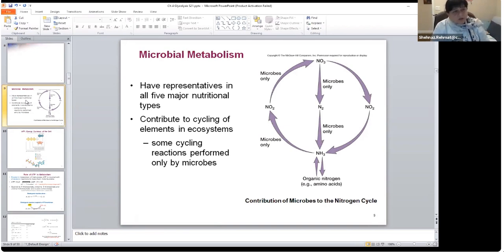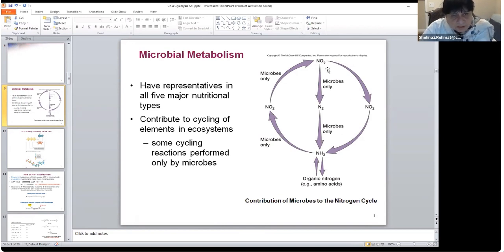Okay, so we talk about microbial metabolism, and since we have looked at the 5 major nutritional types, a lot of this recycling into the nature, we are just showing the nitrogen cycle here.